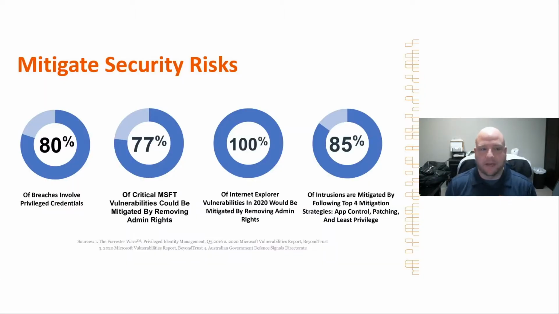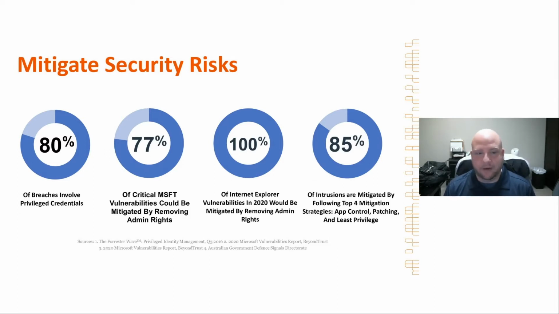And just to summarize here on my next slide, I love this slide because these numbers are real, and sometimes they seem insane. But if you can remove admin rights in an organization and you can really operate in a least privilege model, you can prevent 80% of breaches, because 80% of breaches typically involve a privileged account, some type of elevated account, whether it's a service account, whether it's a user having more privilege on their machine than they should. 77% of critical Microsoft vulnerabilities that were identified can also be mitigated by, again, removing those admin rights. 100% of IE, Internet Explorer vulnerabilities in 2020, completely mitigated if there were no admin rights.